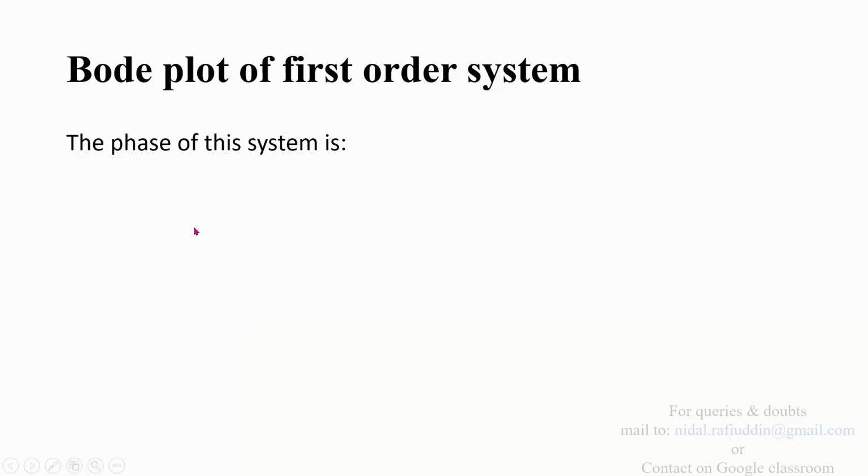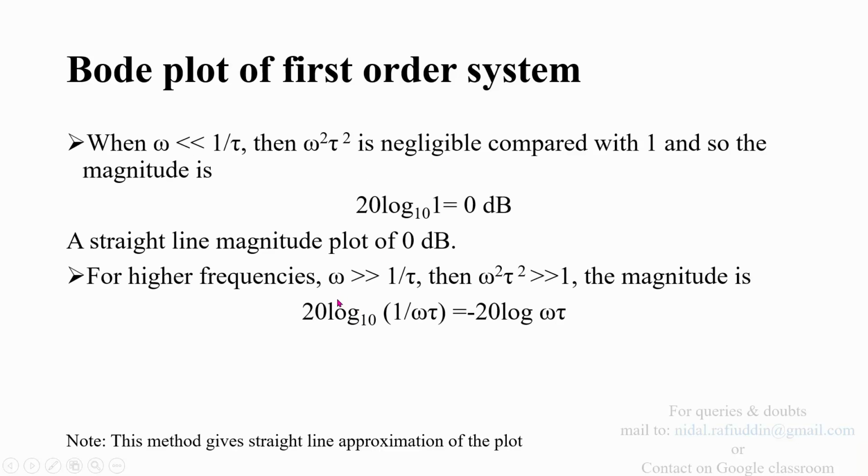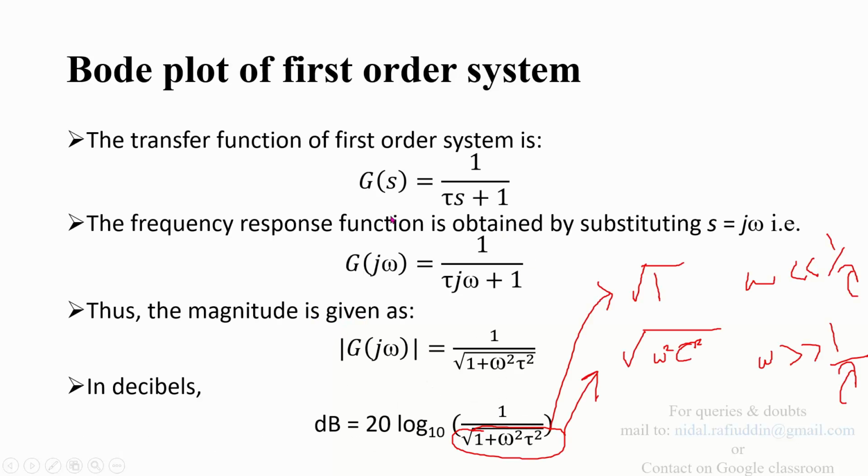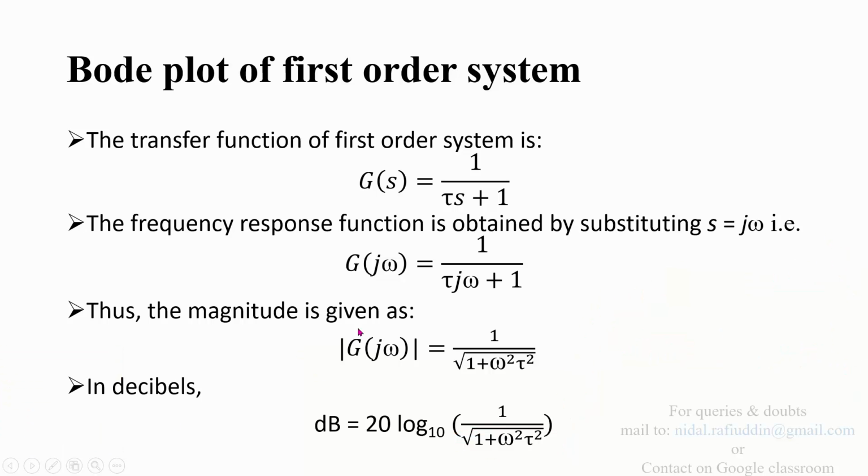Now, after obtaining the magnitude or concluding about the magnitude part of the Bode plot, we'll move towards the phase part of the Bode plot. And we know that in order to obtain the phase angle of the system, it's quite easy. And since we studied that tan phi using the same expression that we see here, from this we obtain the magnitude, and then we can easily obtain the phase of this particular expression by looking into the terms that are present in the numerator as well as denominator.